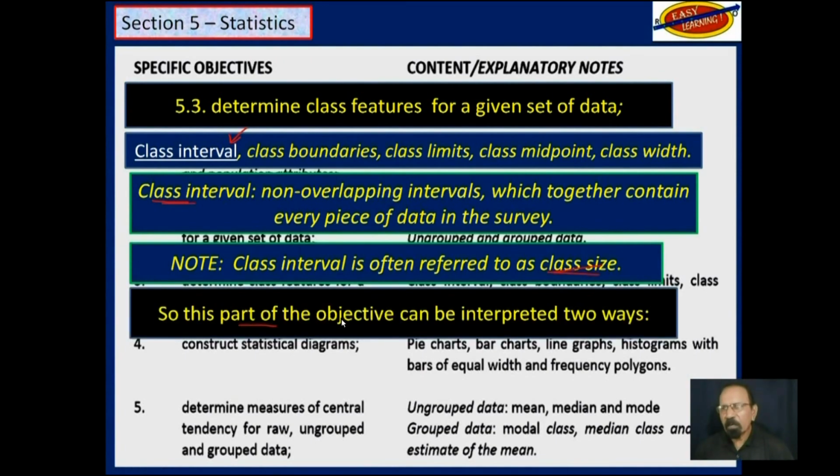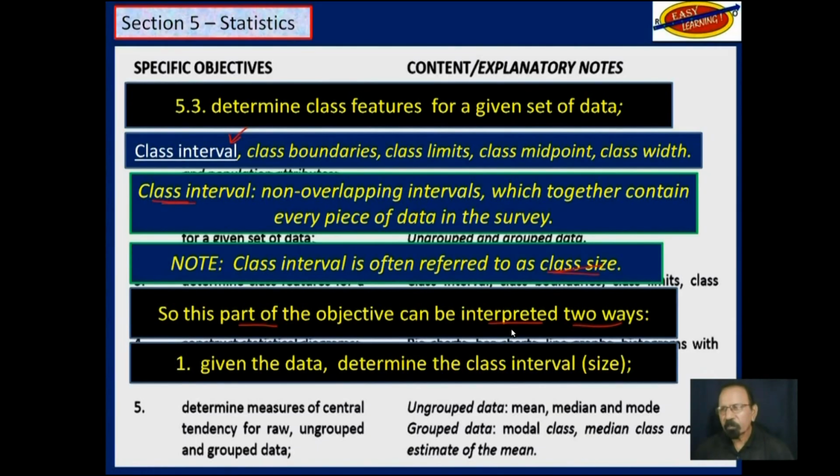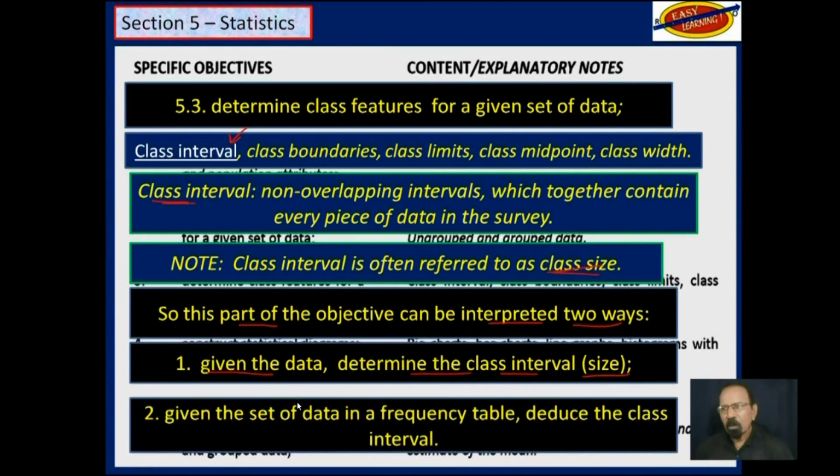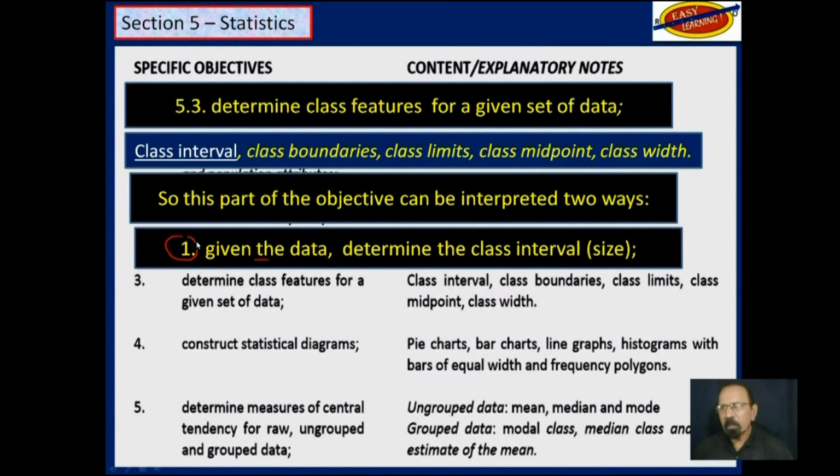So this part of the objective can be interpreted in 2 ways. 1, given the data, determine the class interval and therefore the class size. Or 2, given the set of data in a frequency table, deduce the class interval. So we will look at these in that order.